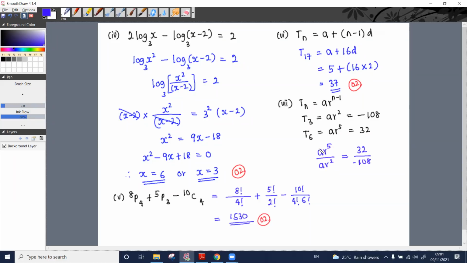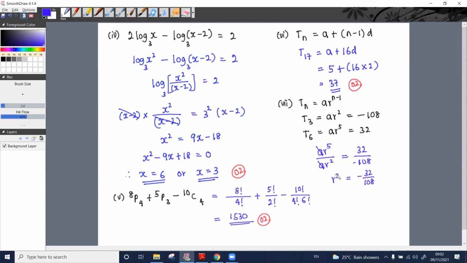Here a and a we can cancel. The base is the same, that is r, and here we have division, so we subtract the power values. 5 minus 2, that is 3. So r to the power 3 should be equal to minus 32 over 108.